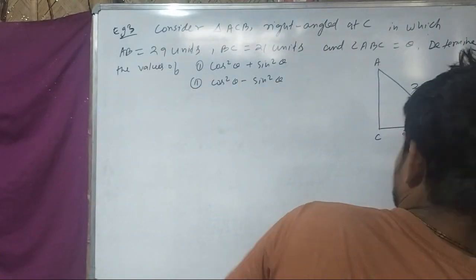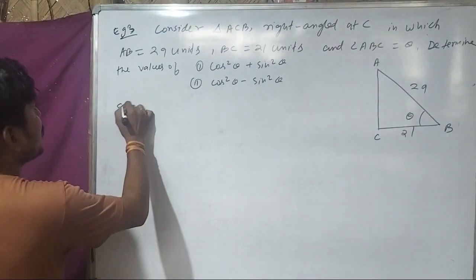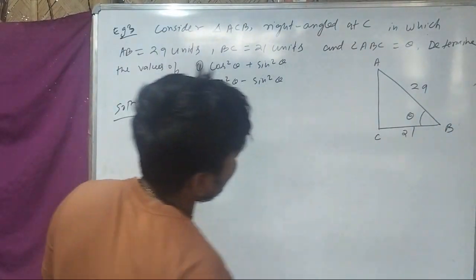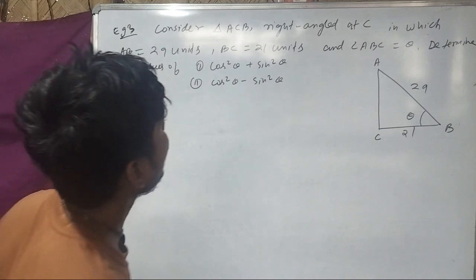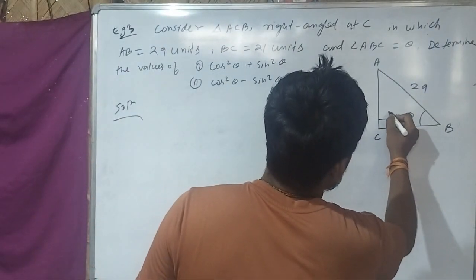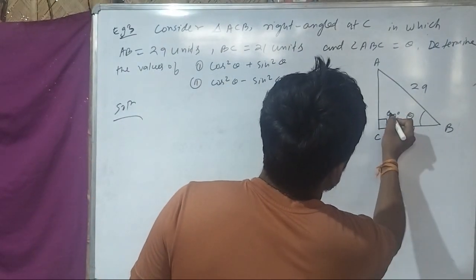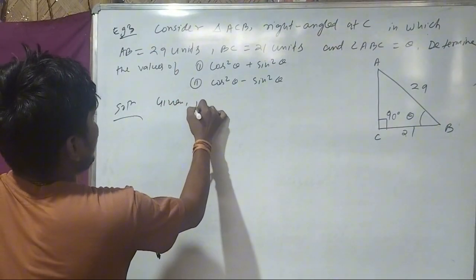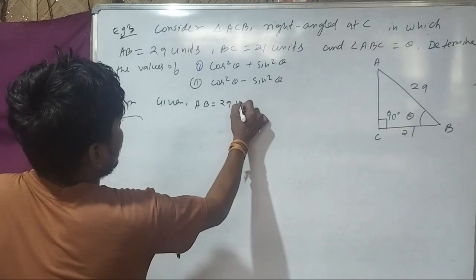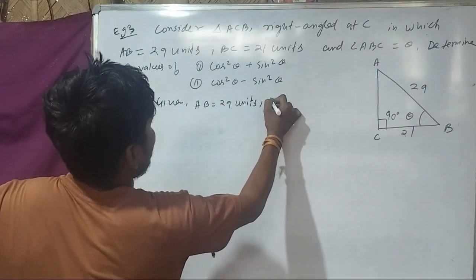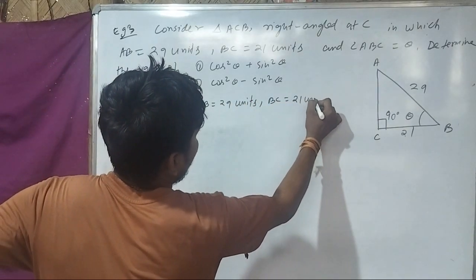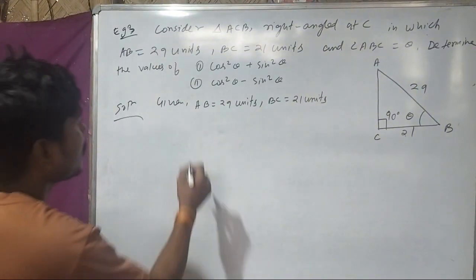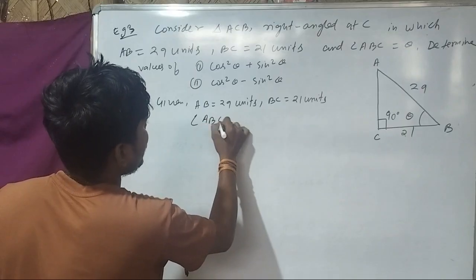So let's start. See what is given. Triangle ACB is a right angle triangle, with the right angle at C. That means here it is 90 degrees. AB is 29 units and BC is 21 units, and angle ABC is theta.